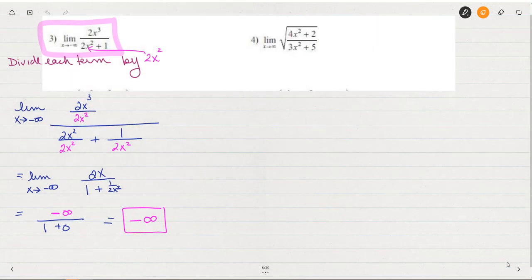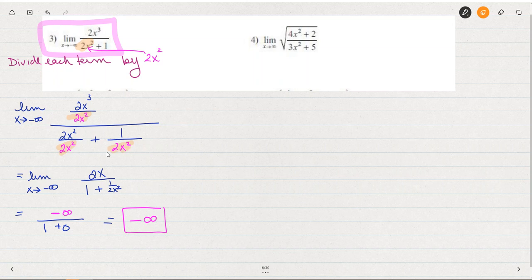The next example, we can divide by that highest power of x again. So the highest power of x in the denominator is x squared, but the term is 2x squared. So I'm going to divide everything by 2x squared.